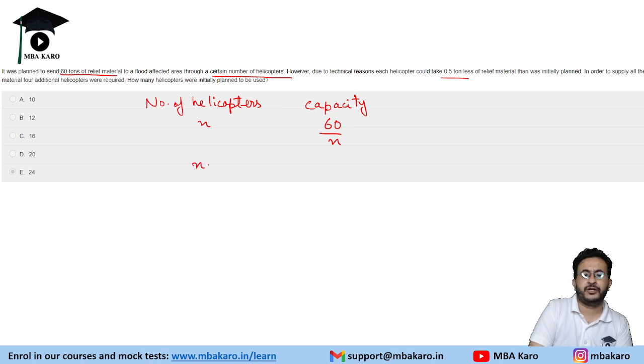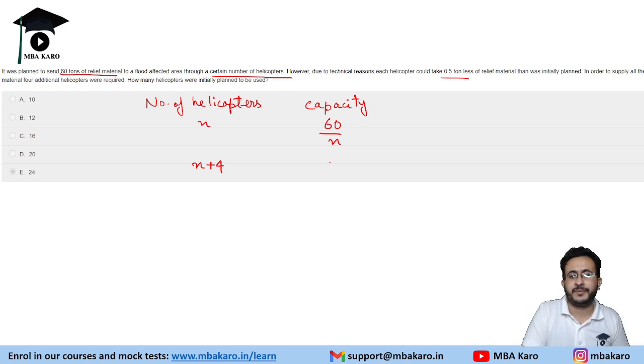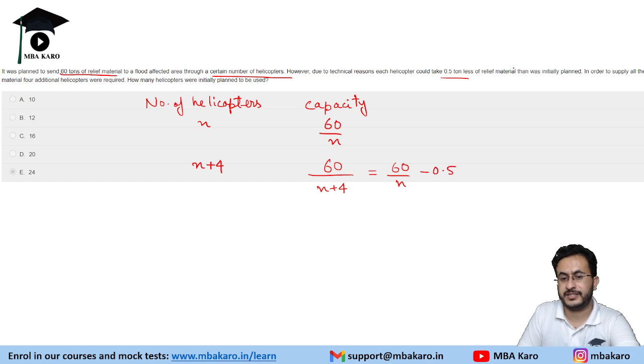Now the number of helicopters becomes n plus 4, so the capacity becomes 60 upon n plus 4. It is given that this capacity is 0.5 ton less than the original capacity. So this is what we will get.